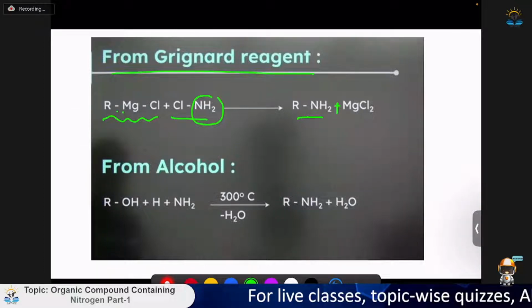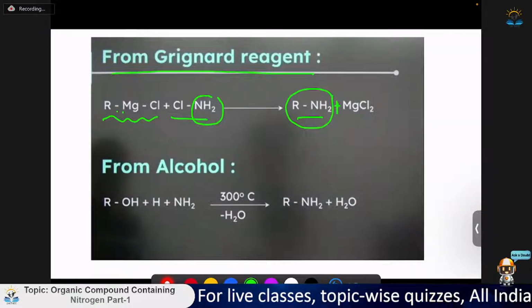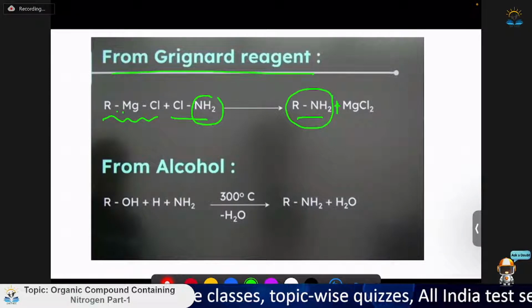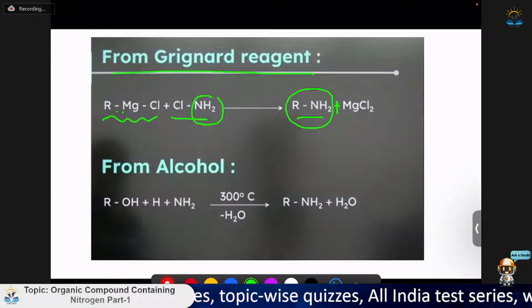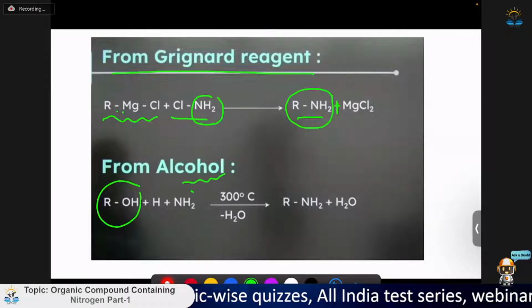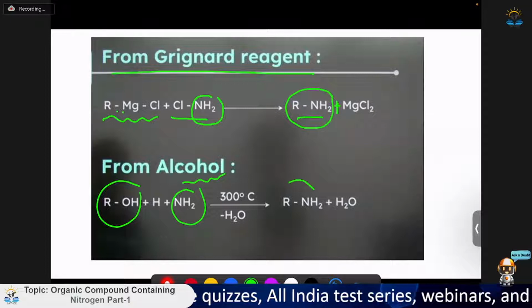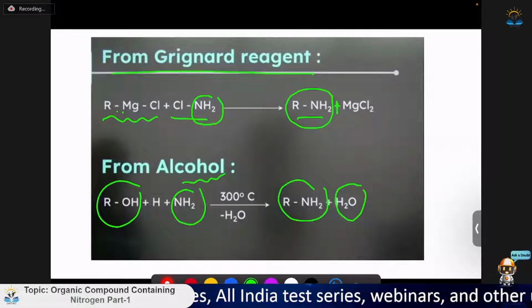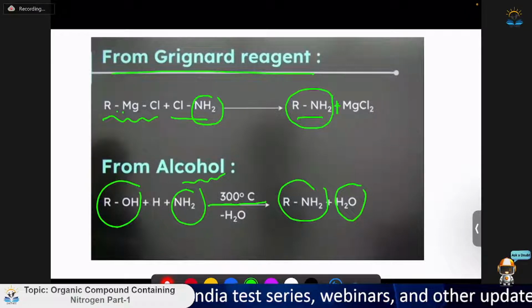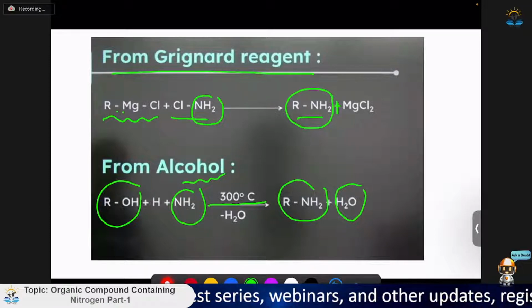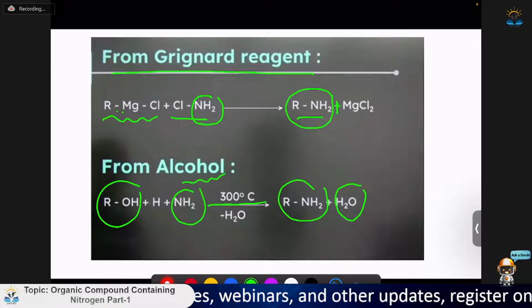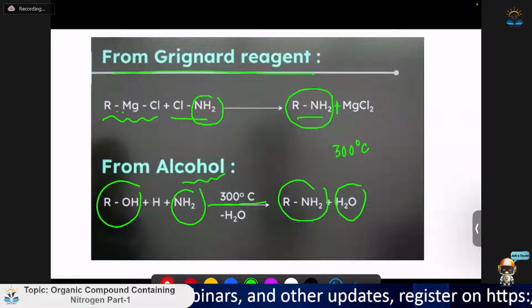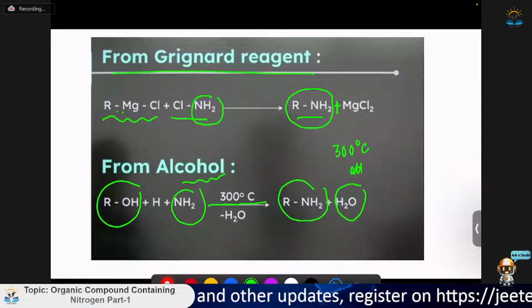So we can get primary amines from Grignard's reagent also, and also from alcohol. Alcohol is taken and reacted with NH3 to form RNH2 plus H2O at 300 degrees Celsius. We know that 300 degrees Celsius is not a favorable temperature to attain, so we don't use these methods a lot.